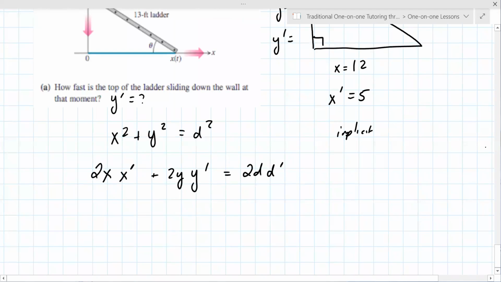Okay, so from here you solve for the quantity of interest. We want y prime, so you've got to solve for y prime here.